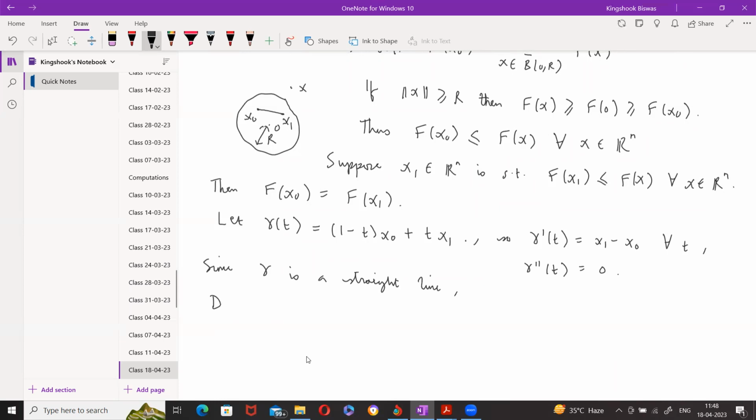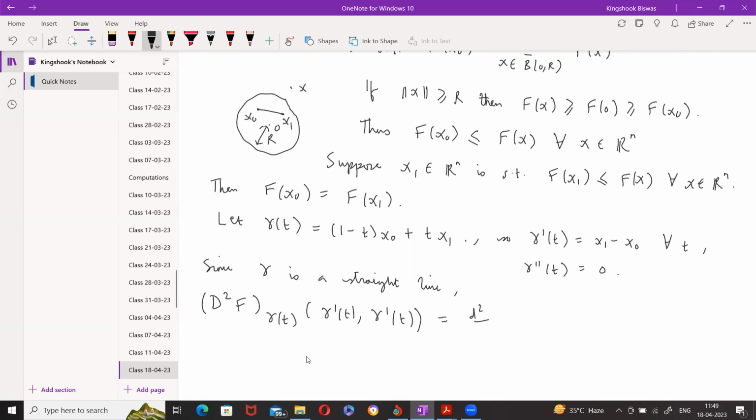So d squared f at gamma t acting on gamma prime t, what is this? It is d2f at gamma t acting on x1 minus x0.